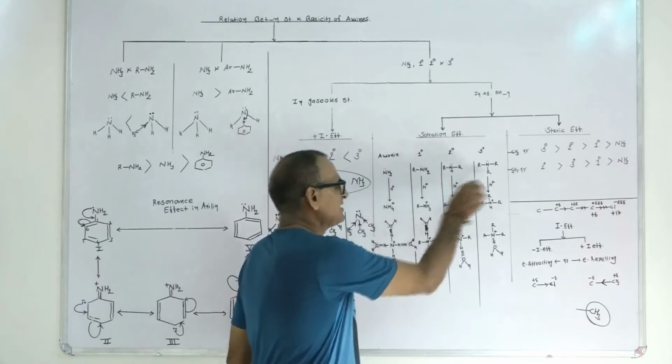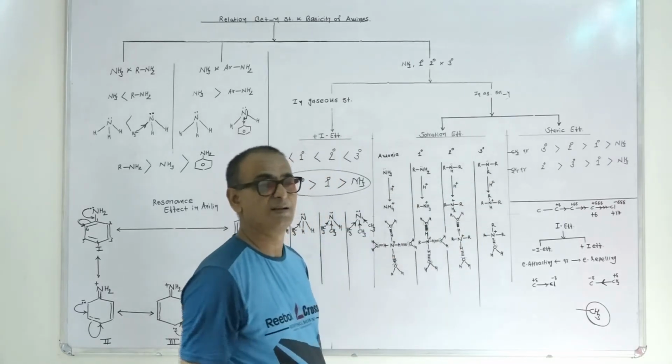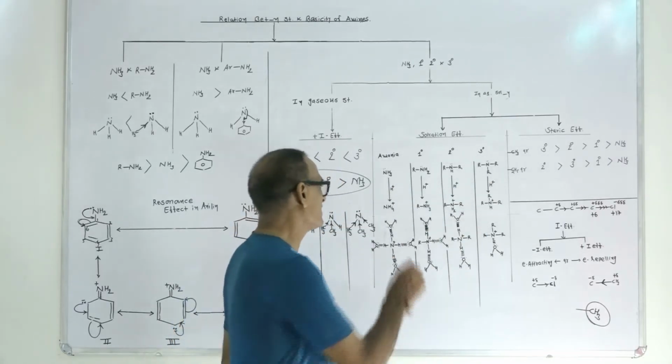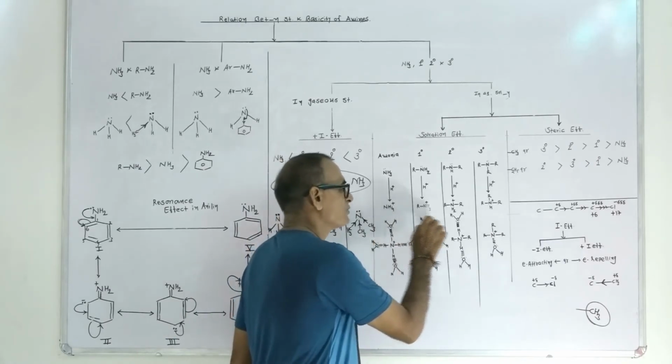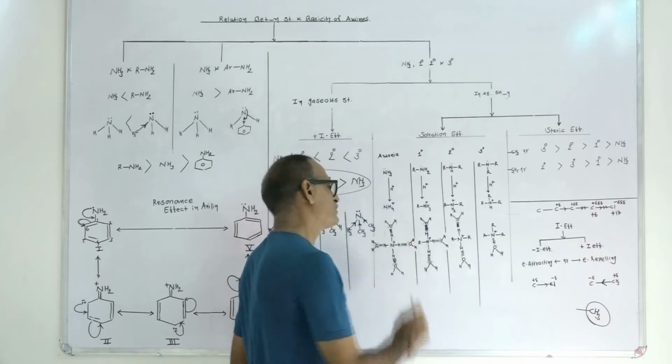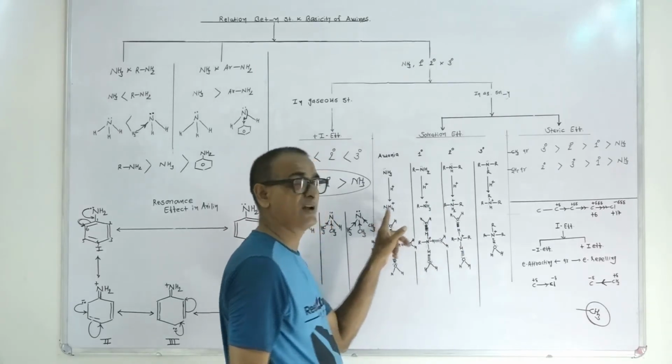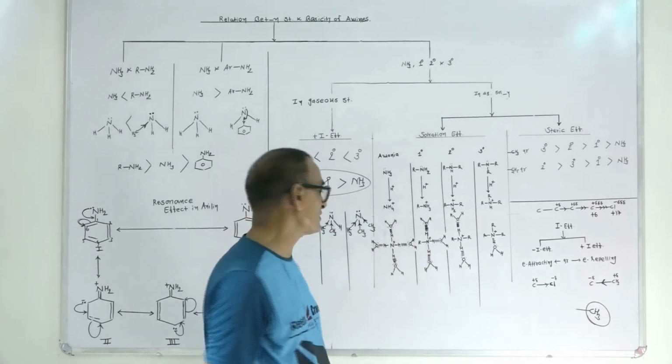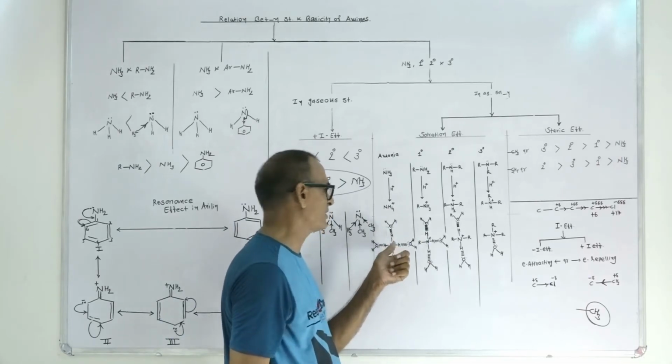Yes, these are the basic compounds. When they accept H plus, at that time they will give conjugate acid. NH4 ammonium ion. When nitrogen forms 4 bonds, at that time plus 1 charge will be present on nitrogen atom.